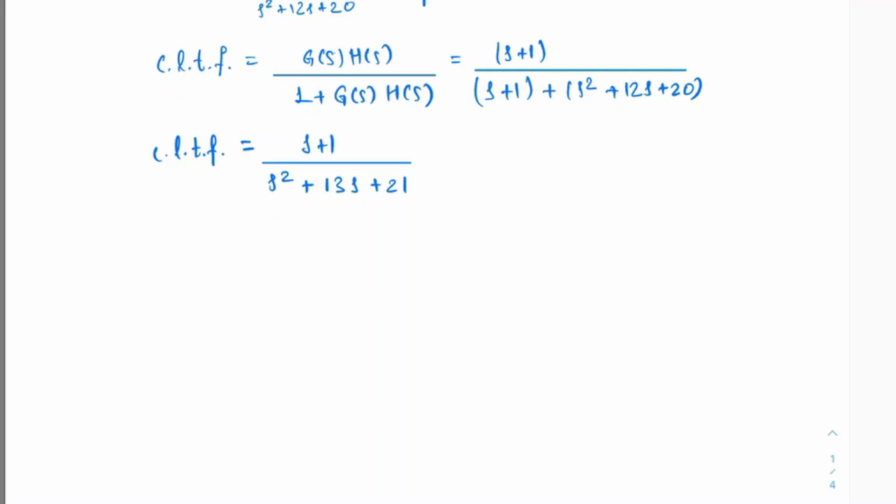So what is the static position error constant? It is given by the limit as s tends to 0 of G of s H of s.